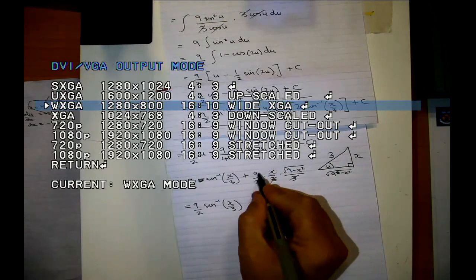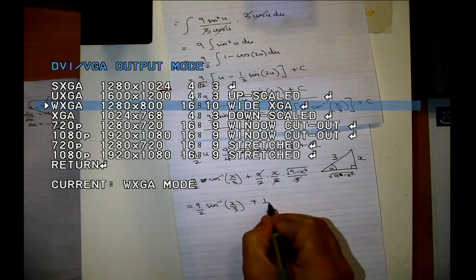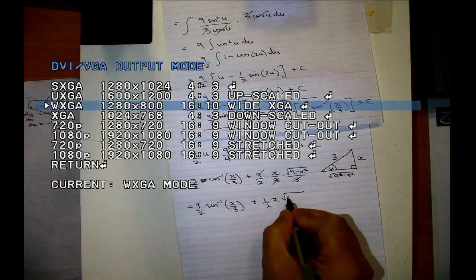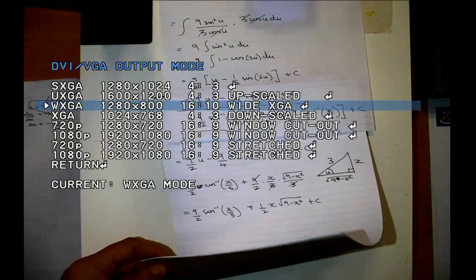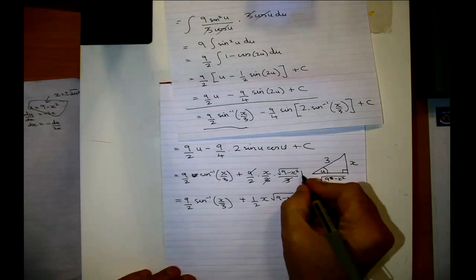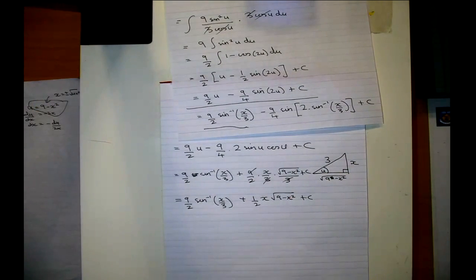Right, done. So we use the little reference triangle to make it easier to go back to x.